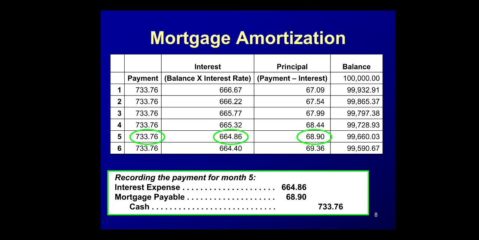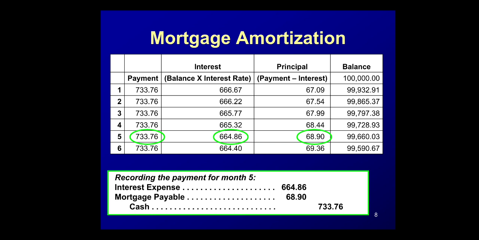So when you want to record this repayment, you have to credit account cash $733.76. That is the amount of cash out. So that's why you credit account cash $733.76.